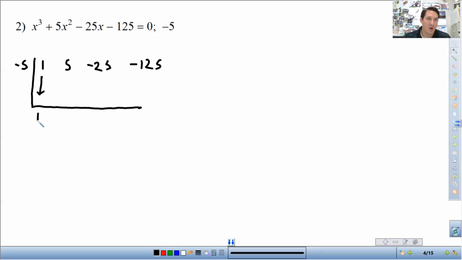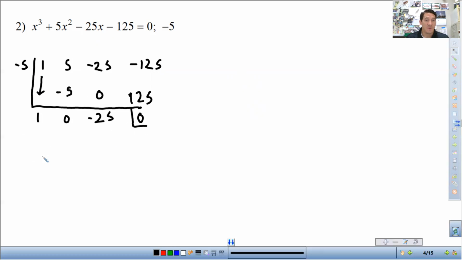Bring down the 1, multiply by -5, get -5. Add to 5, you get 0. Multiply by -5 is 0. You get -25. -25 times -5 is +125. So you add that, that's 0. So our remainder is 0.